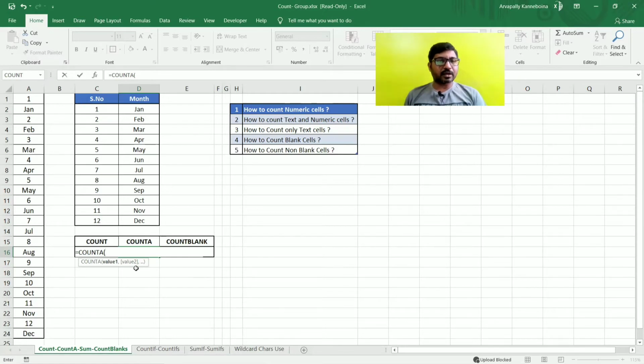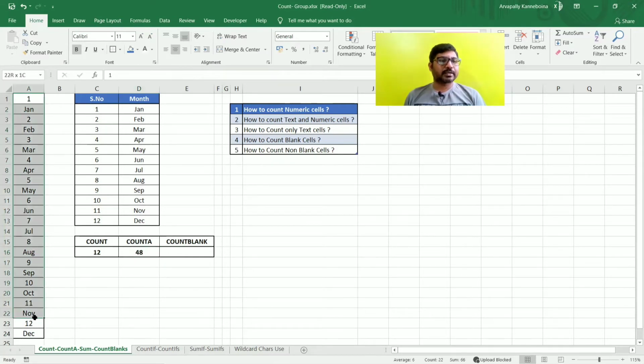This time we will give multiple ranges. First select this one and hold control, then this one and hold control, then this one. So we provide three values separated by commas: this is one range, this is one range and this is one range. We get 48. What is this 48? It is the count of the selected cells which contain data.